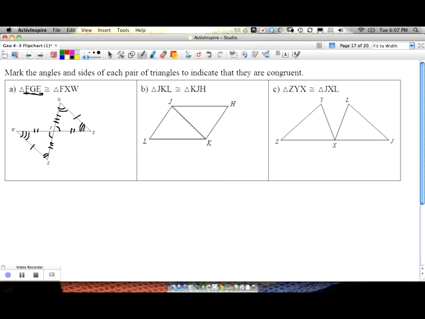Excellent. All right, JKL, so that's going to be 1, 2, 3. And then KJH, that's going to be 1, 2, 3. So JK, that's 1, 2, 3. And KJH is going to give me 1, and then 2, and 3.